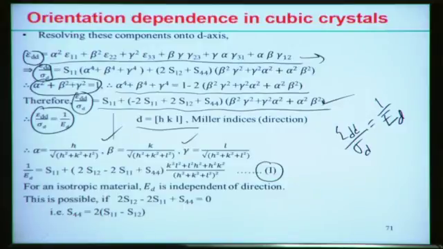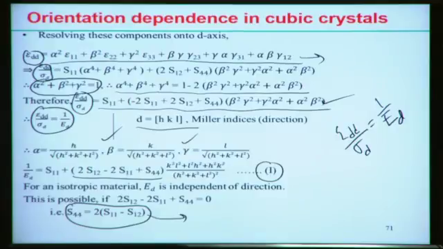Now for an isotropic material, ED is independent of direction. This is only possible if this term is 0, because the HKL term can never be 0. So if this is 0, then we find the relation S44 equal to 2 into S11 minus S12. That holds good in the case of an isotropic material.